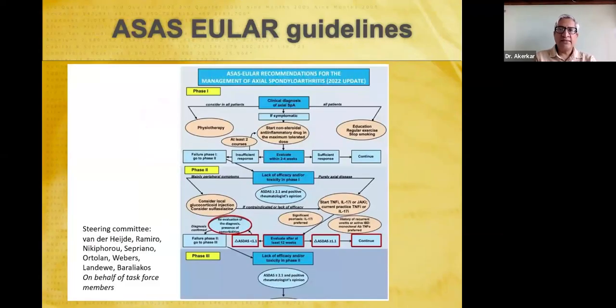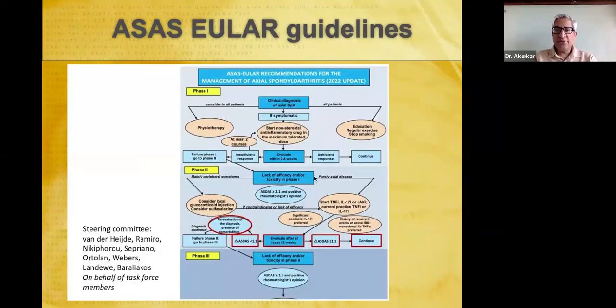So these are the ASAS-EULAR guidelines for treatment of axial spondyloarthritis. Once you have diagnosed, if symptomatic, as we saw, they are started with NSAIDs to begin with, at least 2 NSAIDs, full dose, each for at least 4 weeks, and then you evaluate. If there is sufficient response, obviously you continue with exercises, not without exercises. Physiotherapy and exercises, all the patients will get. If there is insufficient response, then you move on to the second phase, mainly for peripheral symptoms, where you can consider glucocorticoid, sulfasalazine.